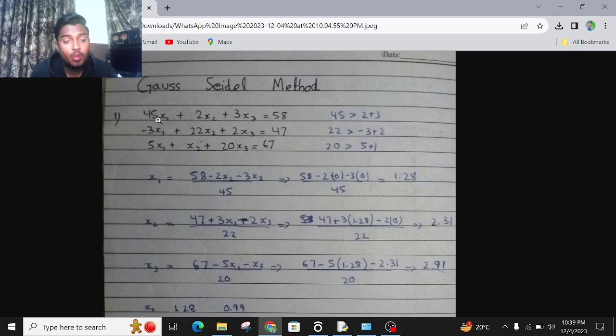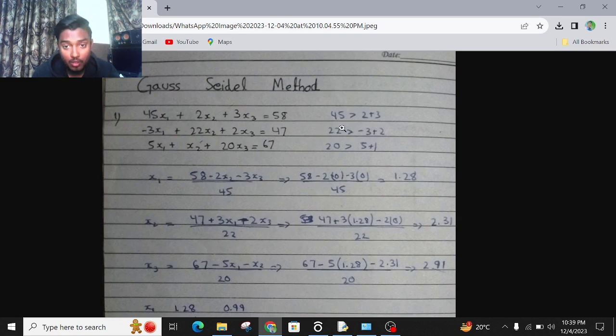Then we go to the second equation, where we consider the second value here, 22, and check whether it is greater than the sum of the other two, 2 and minus 3. By checking that, we see that minus 22 is greater than minus 1, so equation 2 is also okay. Now we check equation 3.